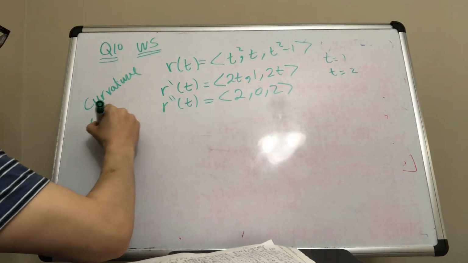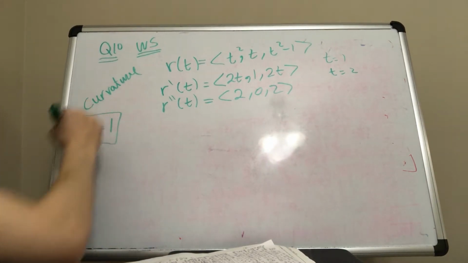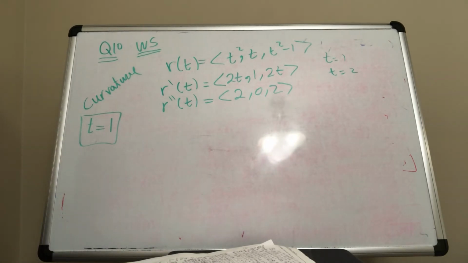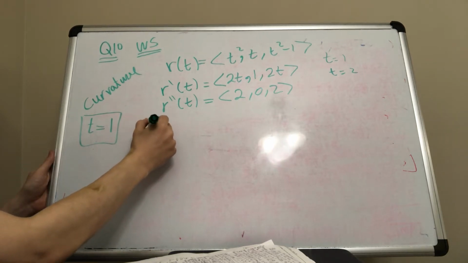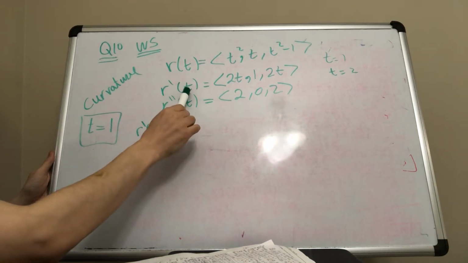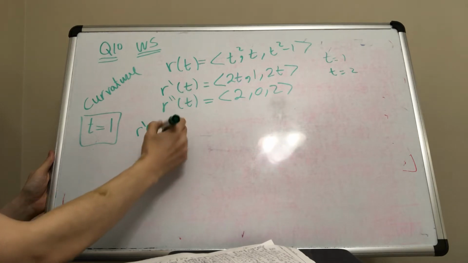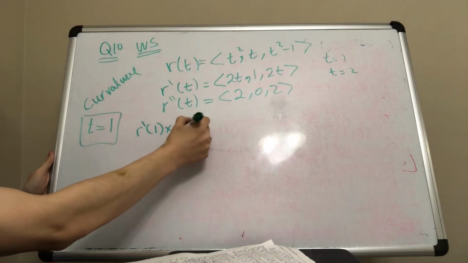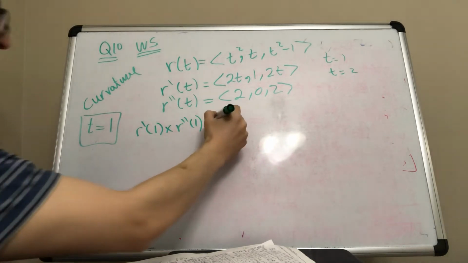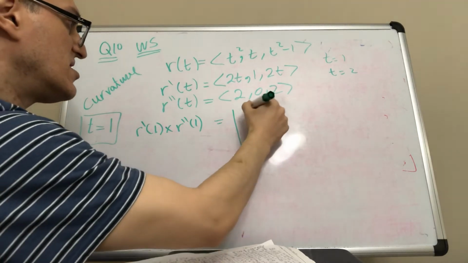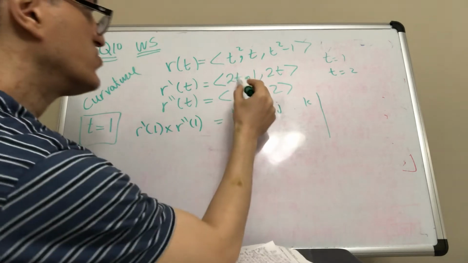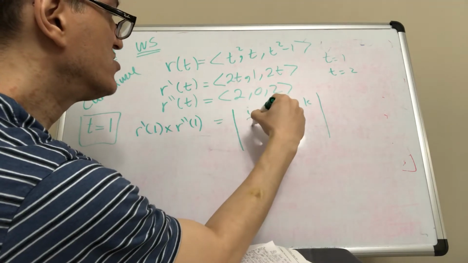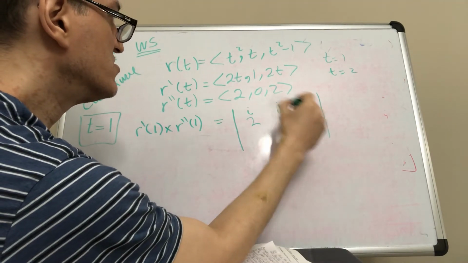Now, if you do it at T1, all you need to do is the cross multiplication between the derivative at 1 and the second derivative at 1. So i, j, k. This at 1 would be 2, 1, 2.